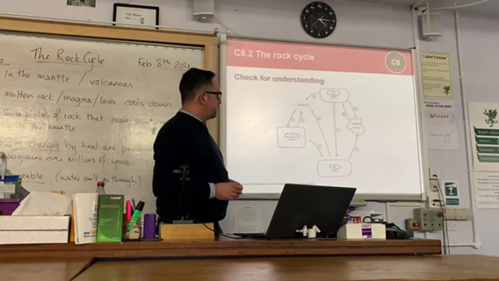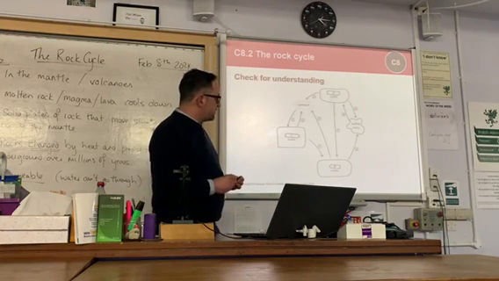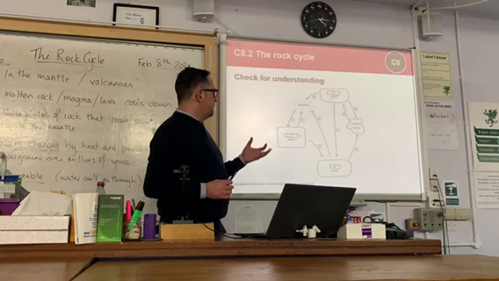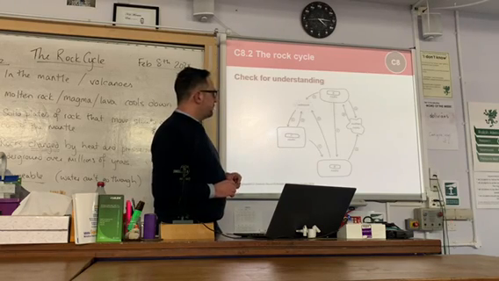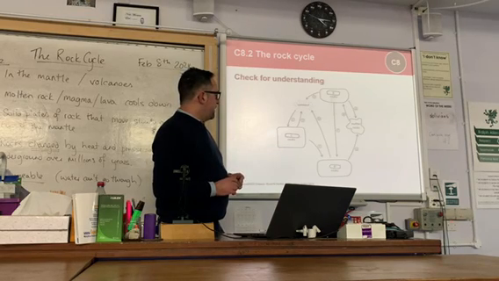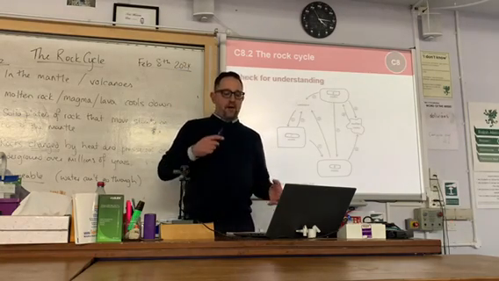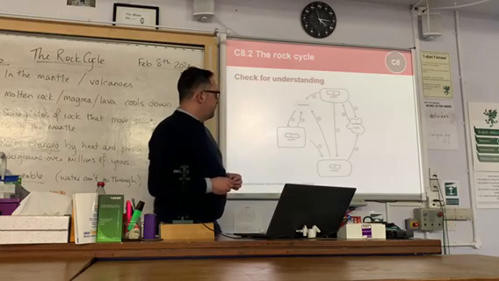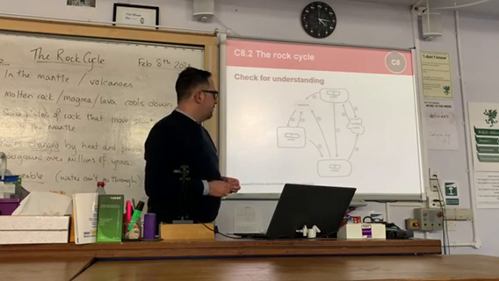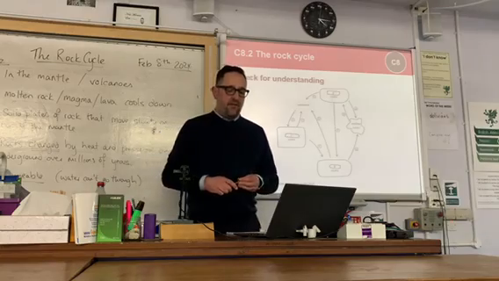This is a diagram similar to the one which I drew underneath the Visualiser, but it's not got all of the labels. It's got type rock A, type rock B, type rock C, and the idea of sediment and molten rocks. And students had to show me using their mini whiteboards that they were able to understand what each of these labeled processes were and what all the types of rocks are.